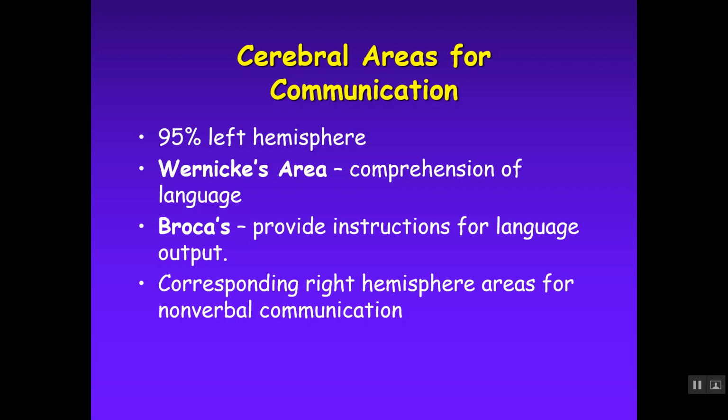That's happening all in Wernicke's area. And Broca's area is for production of language and instructions for language output. That includes verbal and written expression. We have corresponding areas in the right hemisphere for nonverbal communication, for producing and understanding nonverbal communication.